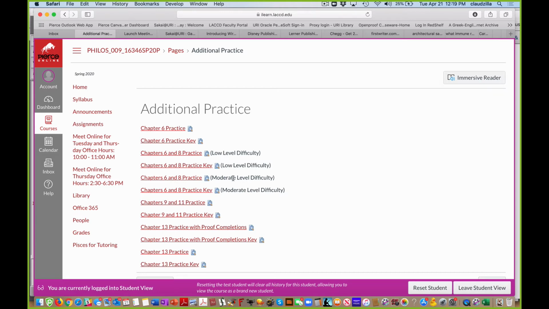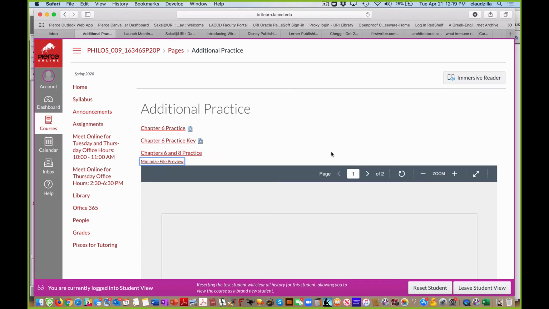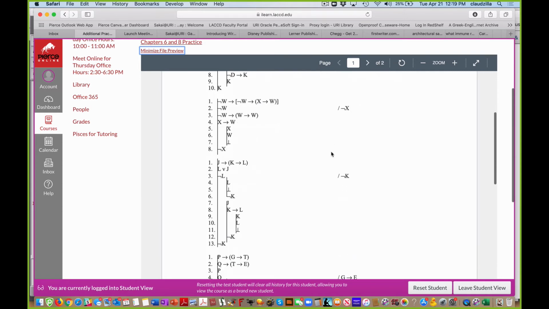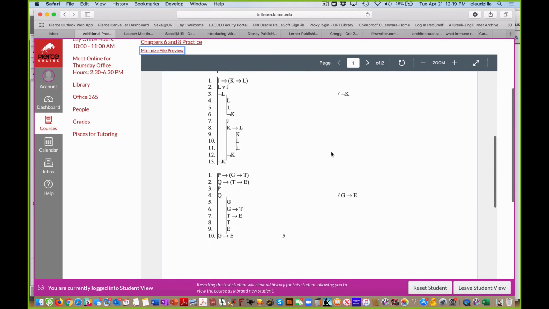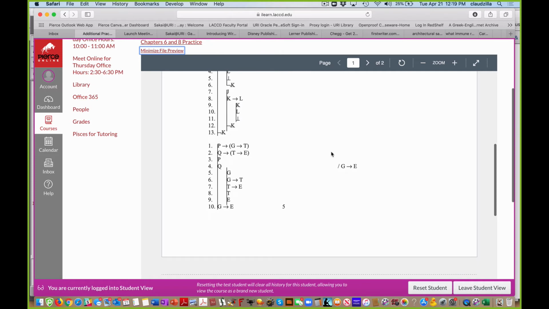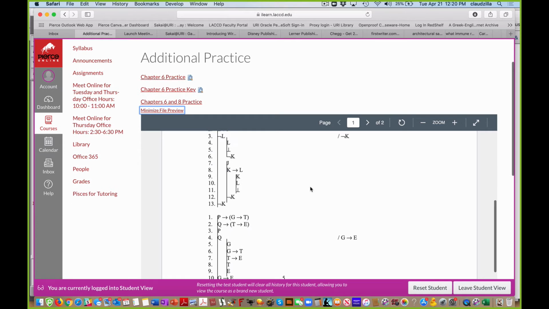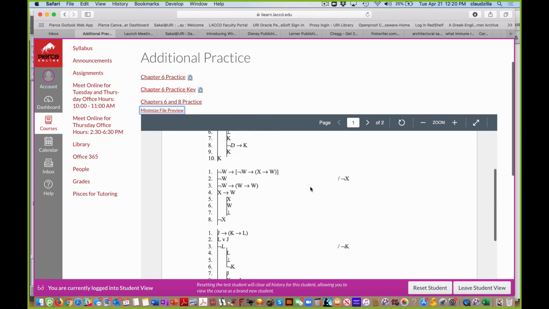The low level difficulty, for 6 and 8. Okay. And you were talking about the key? I just can't tell which ones are the premises and which ones are, I guess, the assumptions.